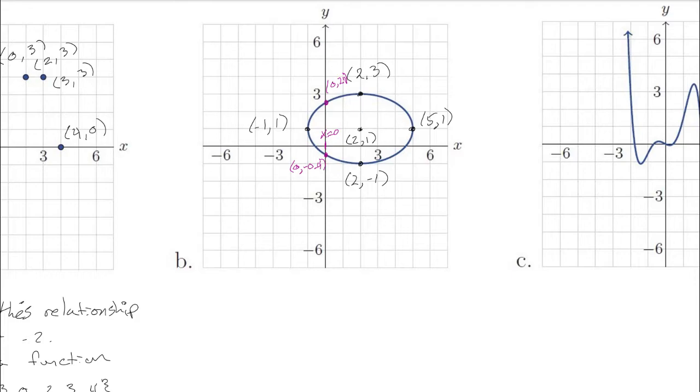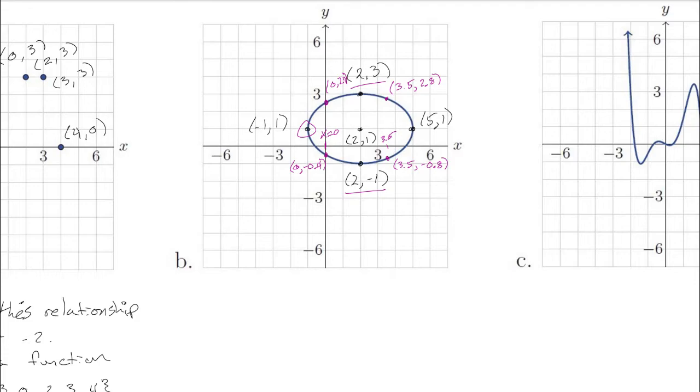If x is 2, we see that the graph has two outputs, both 3 and -1. If x was 3.5, there are two different points with that x value on this oval: 3.5, 2.8, and 3.5, negative 0.8. And this continues for all of the x values between negative 1 and 5.